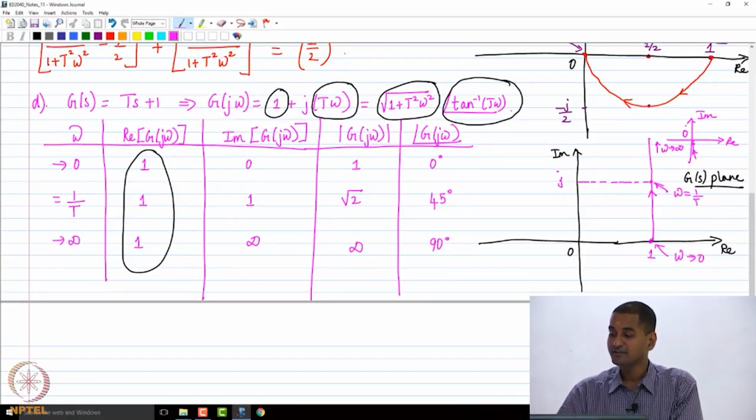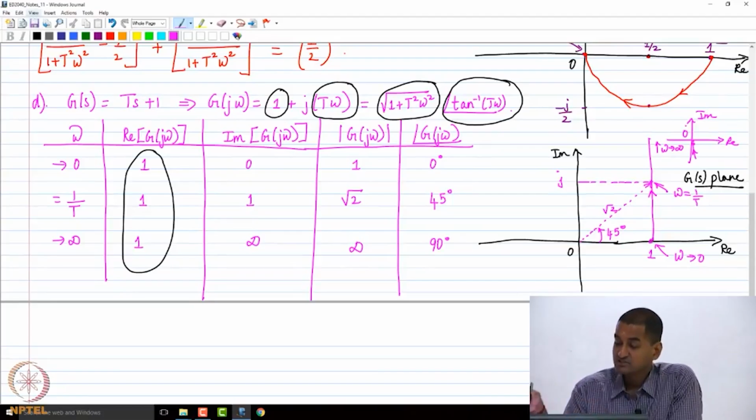At omega equals 1 by t, the real part is 1 and the imaginary part is j, and so the magnitude is going to be root 2. Then the phase is going to be 45 degrees. I am just drawing it on the same curve, just to convince ourselves that that is the case. So this is the Nyquist plot of the factor Ts plus 1.